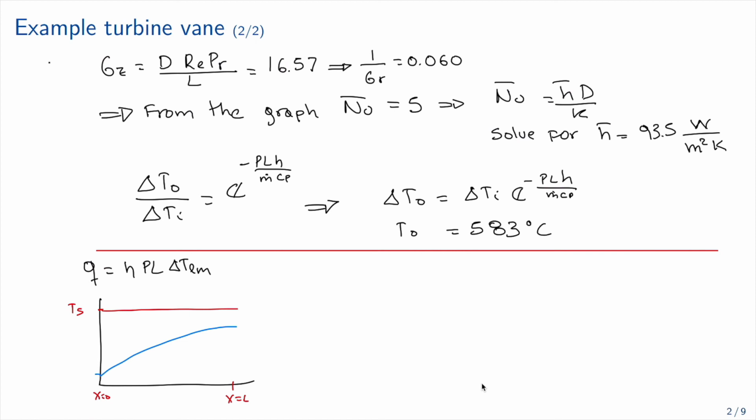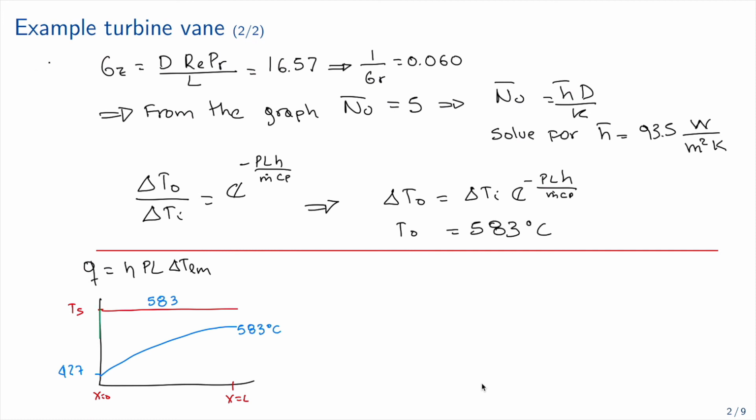So the initial temperature given by the problem is 427 Celsius, and the final temperature that we just computed is 583 Celsius, while the temperature on the surface is 650. So we have two distances.